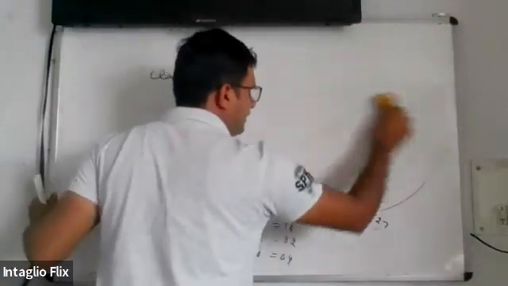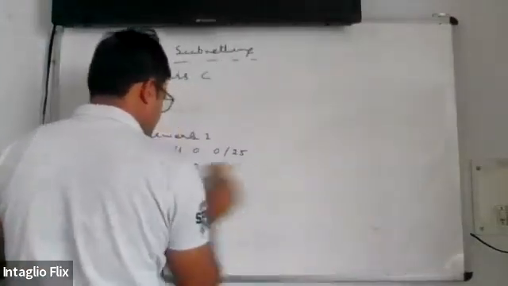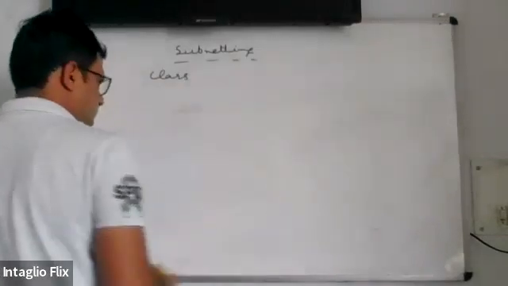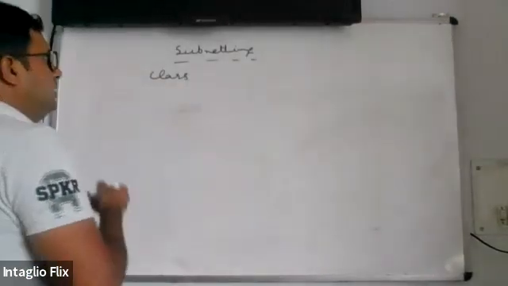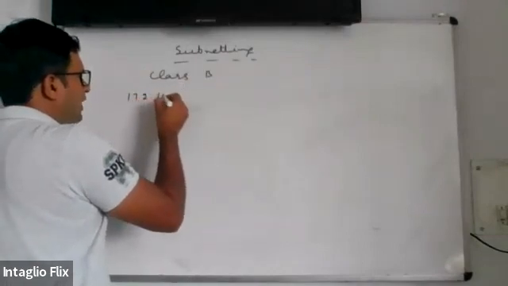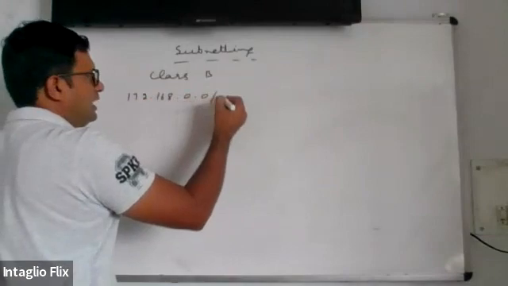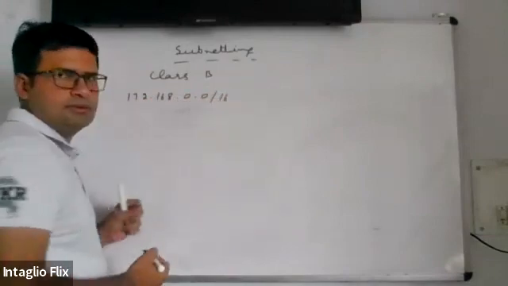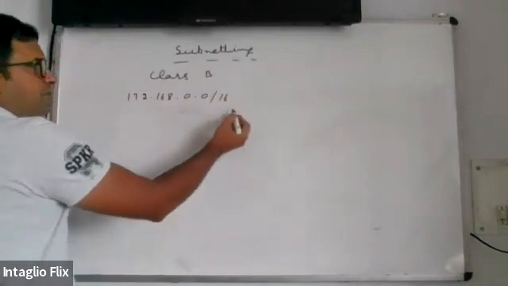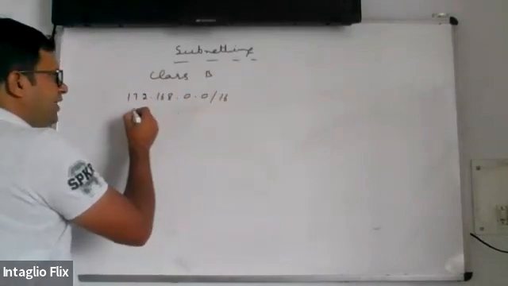If you want to subnet a network of class B, let's suppose I am taking a subnet which is 172.168.0.0/16. This is going to be the default value. If I borrow one bit from the host to the network, the network will be divided into two parts.